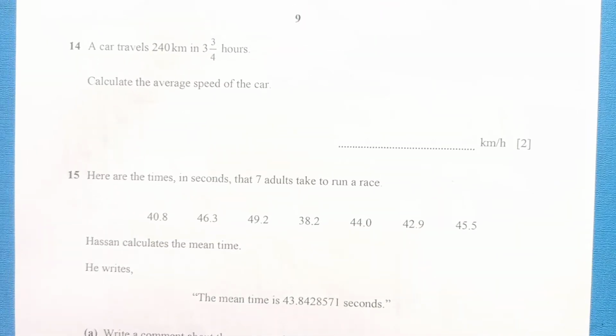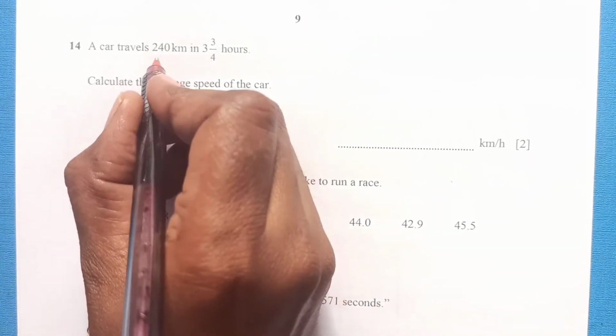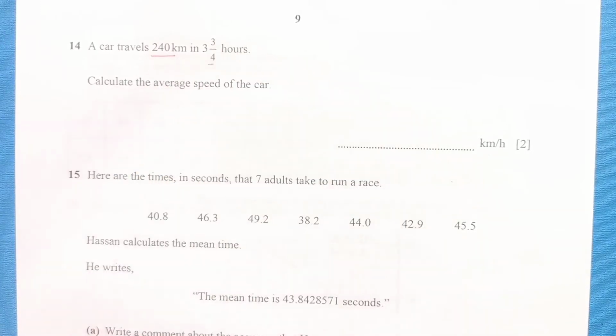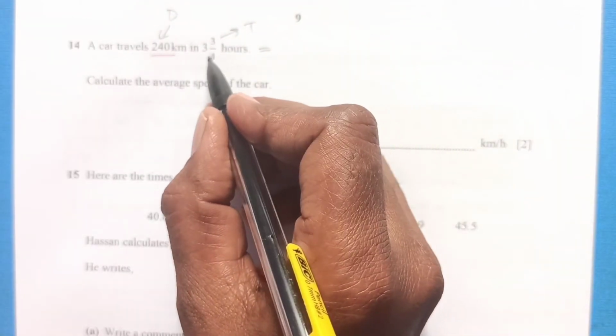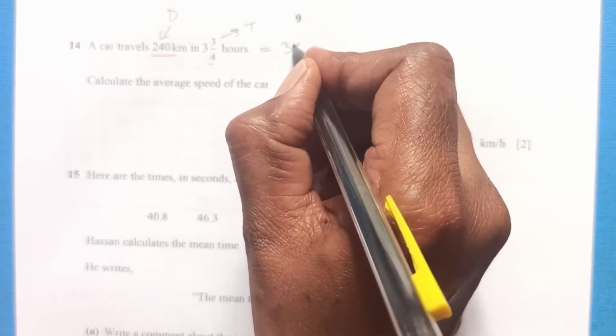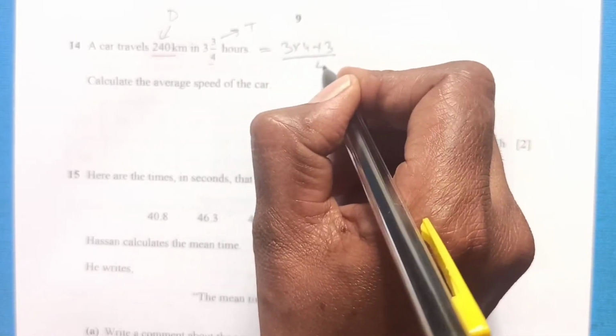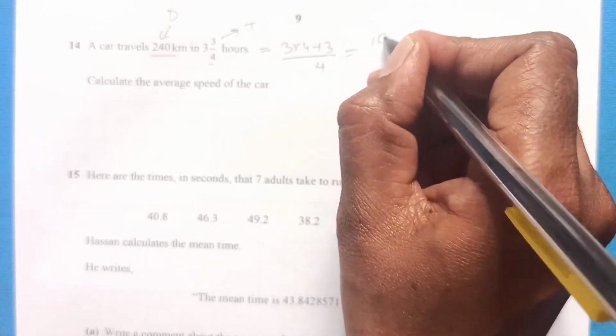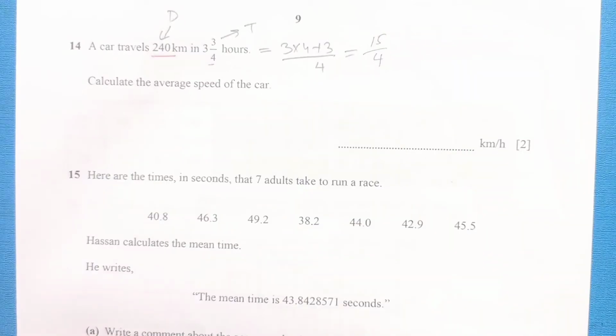Question number 14. A car travels 240 kilometers in 3 and 3 by 4 hours. So this is the distance given to us, and this is the time. This time can be converted like 3 times 4 plus 3 over 4, so it is 12 plus 3, which is 15 over 4 hours.